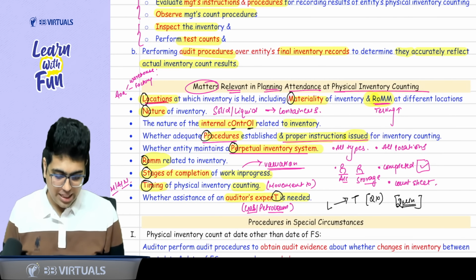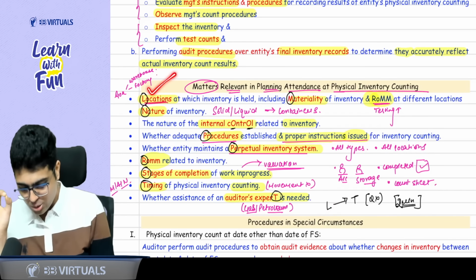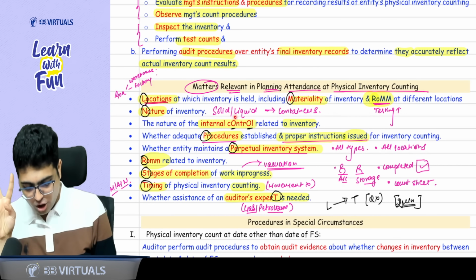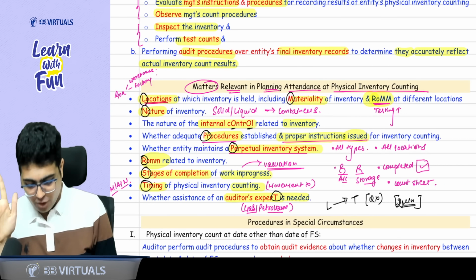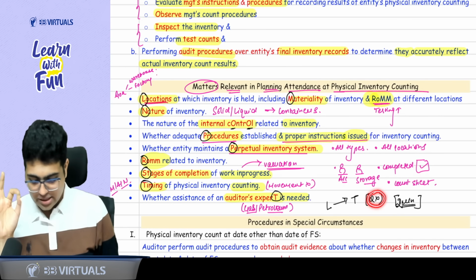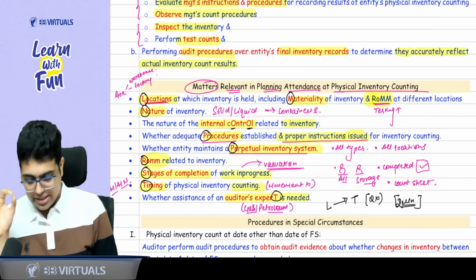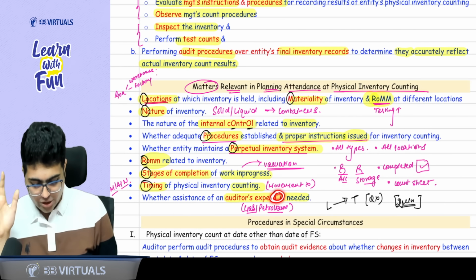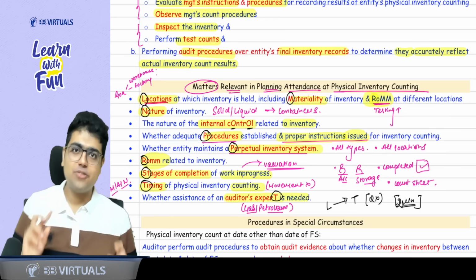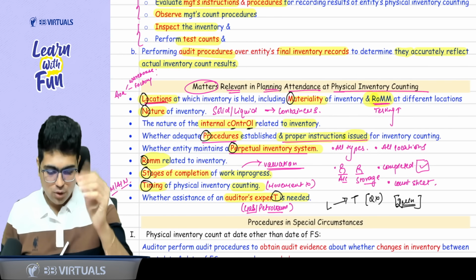You just need to note the alphabet from L to T. L for location, M for materiality, N for nature, O for control, P for procedures, P for perpetual inventory system, Q is not there, R for risk of material misstatement, S for stage of completion, T for timing of inventory count, and auditor's expert. If you want, you can pause the video for 2 minutes, learn all the points from L to T, and things will be crystal clear to all of you.